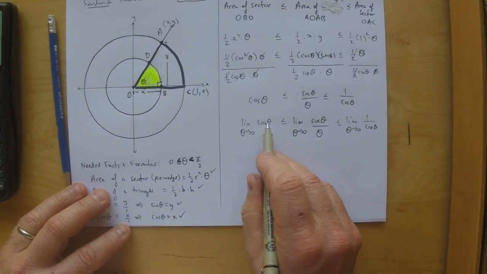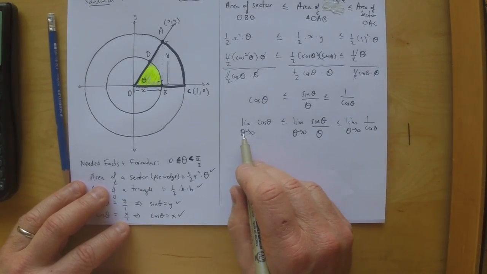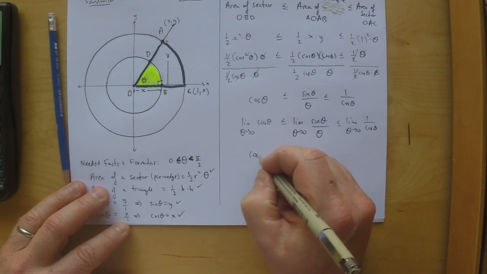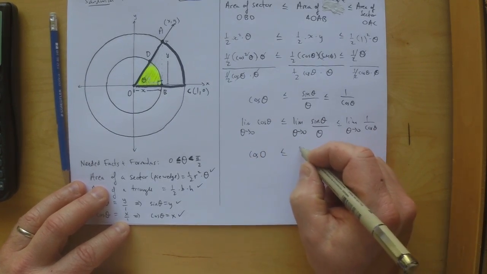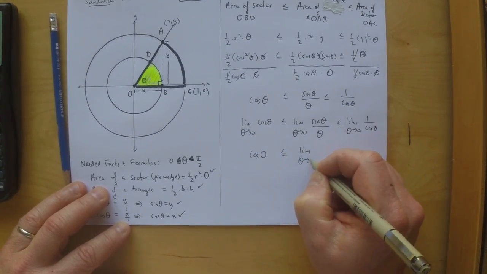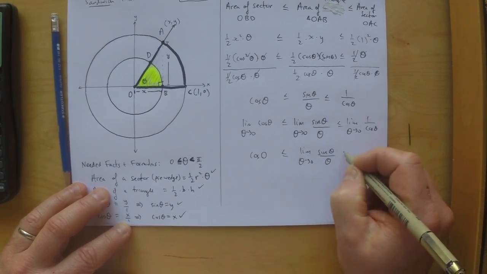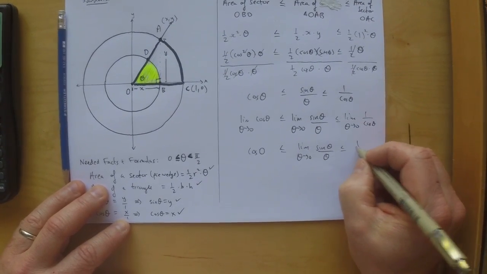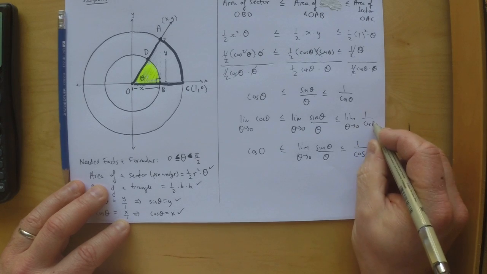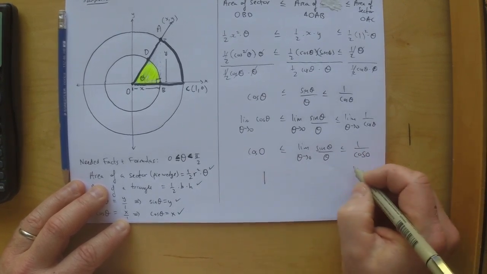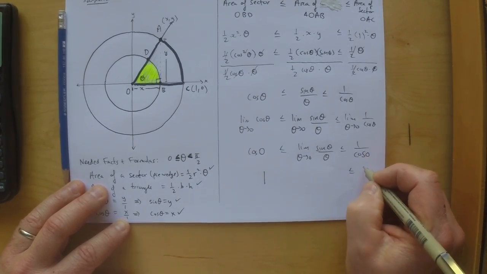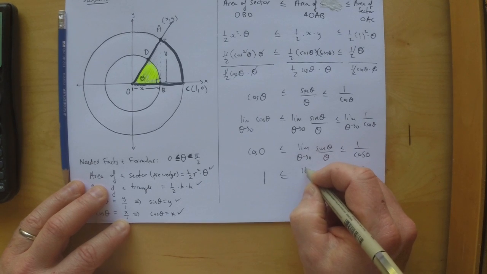And what's cos theta as theta approaches 0? That's cos of 0. This I still don't know. This is what I'm trying to work with. And you'll see why this is really neat and why it's called the squeeze theorem. Plug 0 into this. Cos of 0 is 1. So it's 1 over 1. That's 1.